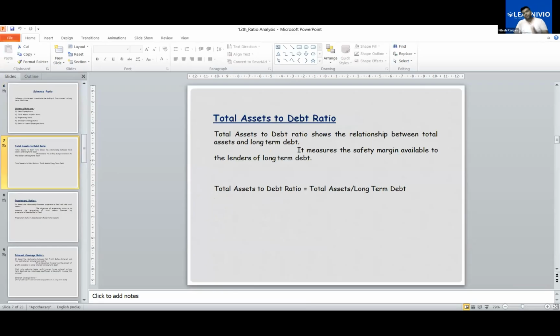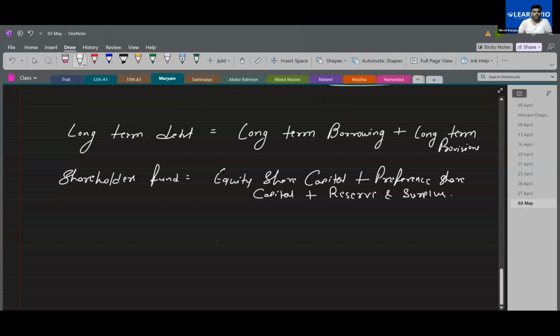So if we calculate like this, let's say long-term debt is, for example, 1 lakh, and the value of total assets is 3 lakh. So whatever happens, our total asset is 3 times the long-term liability.